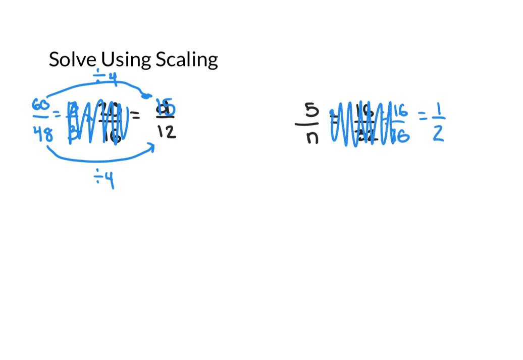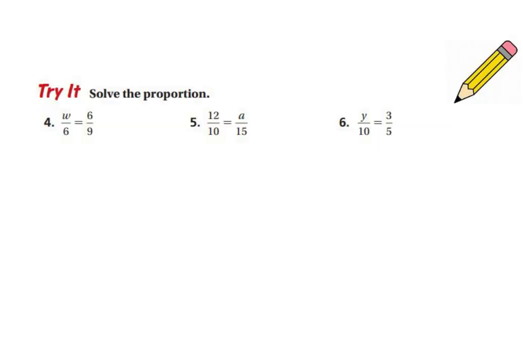So our new proportion is 5 over n equals 1/2. Well, in this case, 1 times 5 is 5. 2 times 5 is 10. And we know that 5/10 is equivalent to 1/2.